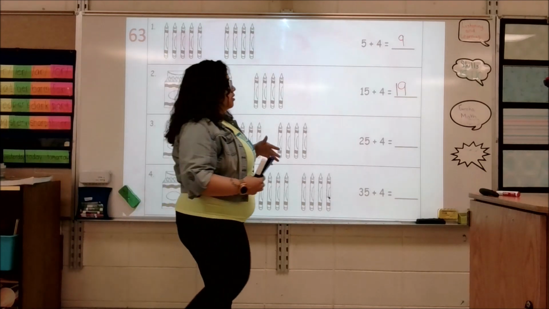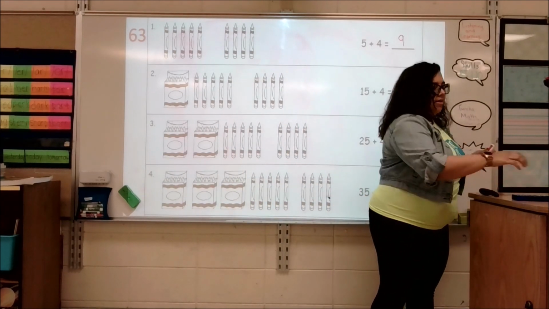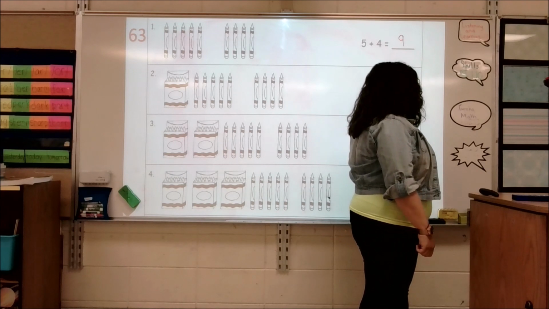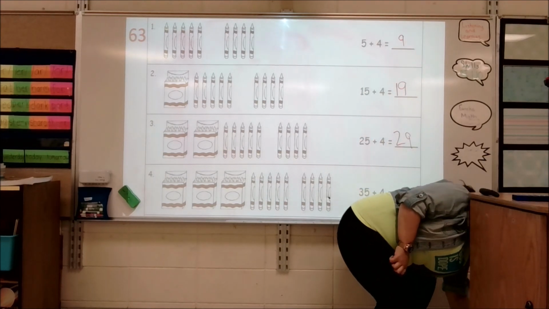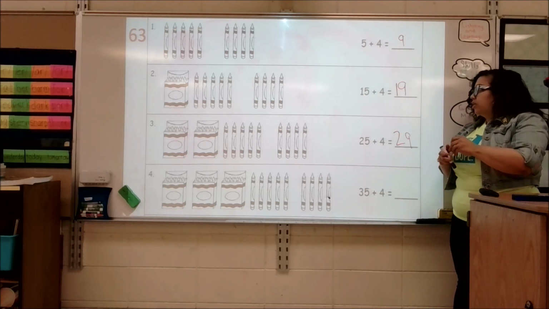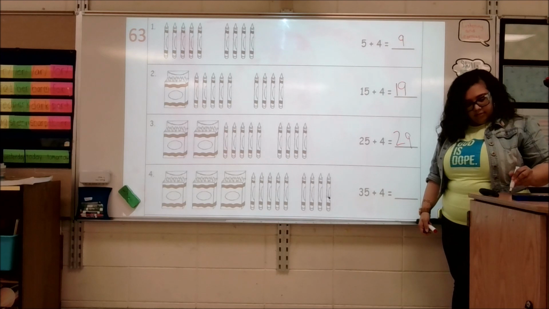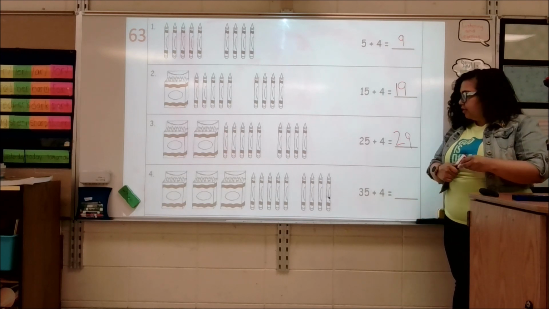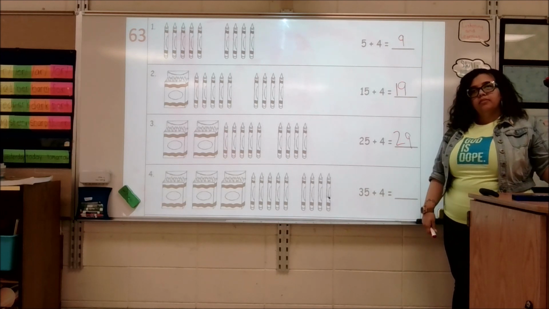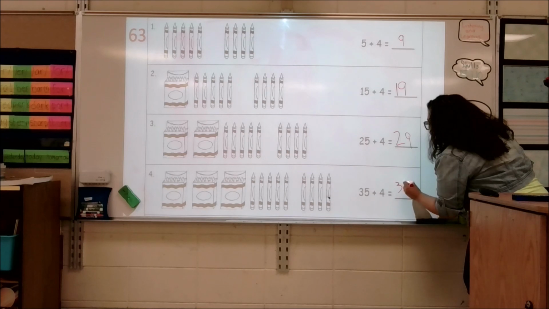So that means 25 and 4 is 29. So without my model, what's going to happen on the last question? What's the answer to the last one? It's 39.